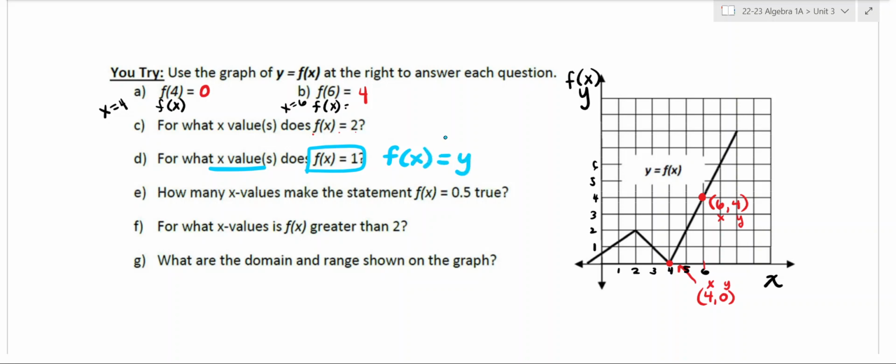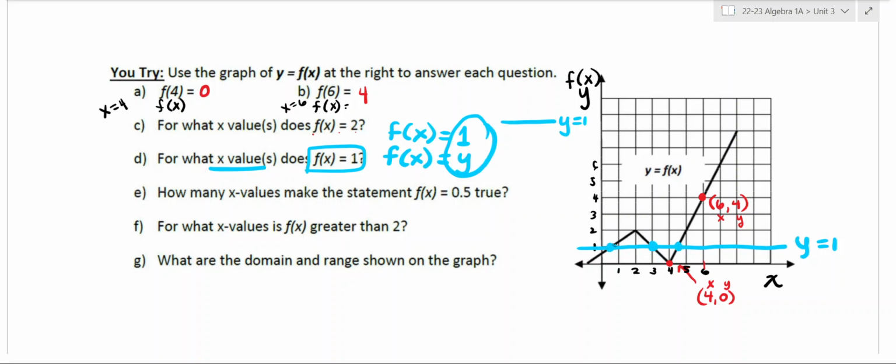And since they're putting the 1 here, they're saying f of x equals 1. So they're telling you that y equals 1. So we're looking for that line where y equals 1. And that would be here. Right, y equals 1. Where are we touching the function? We're touching the function here, here, and here.